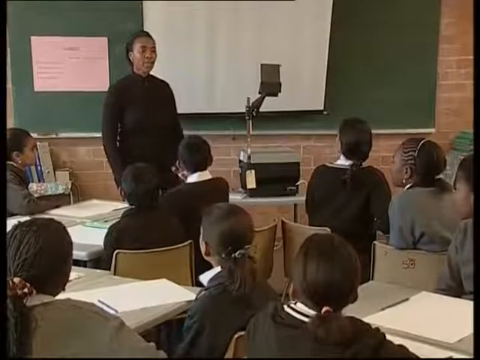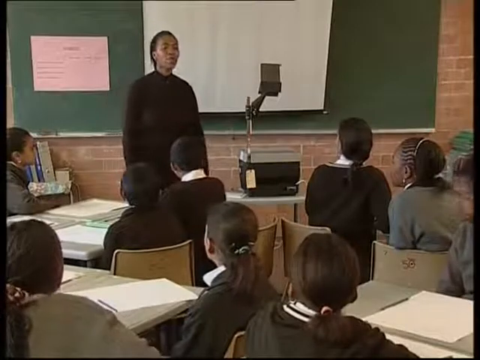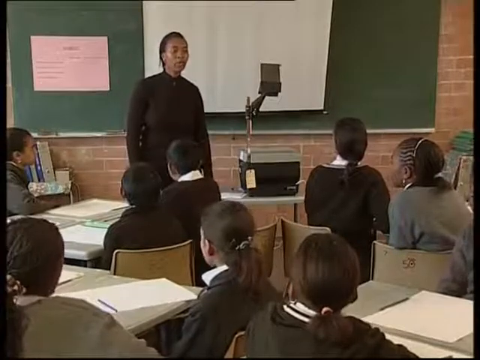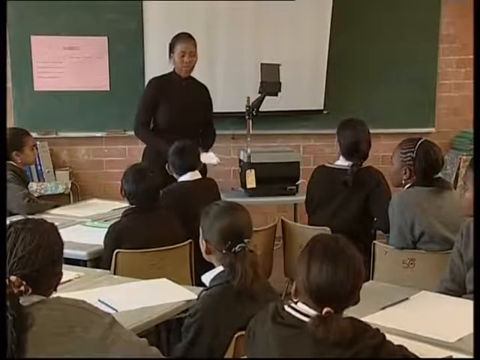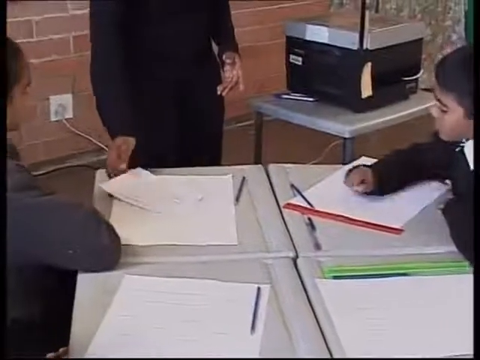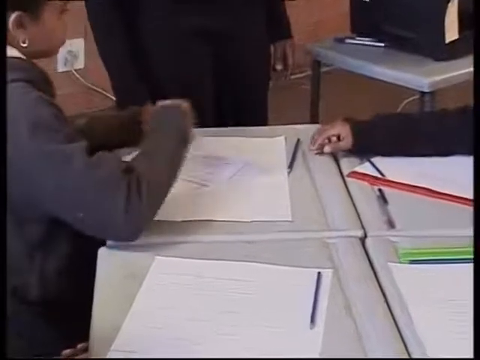Everyone is finished now, so for your next challenge, I'm going to hand out a rubric that I'm going to use to assess you, and I will explain how I will assess you. Take one and pass it.